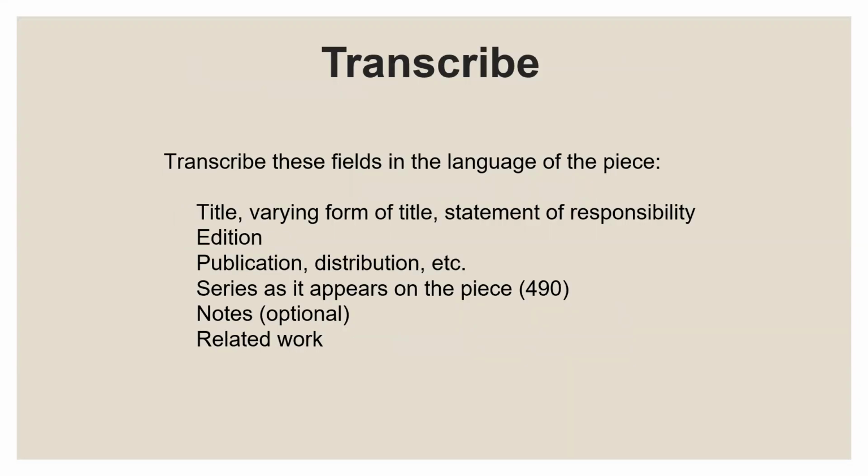So the fields title, edition statement, publication, series, some notes, and related works are considered mandatory if applicable, as they are descriptive and reflect data transcribed from the resource. And in the series, it's just the 490 that is transcribed.